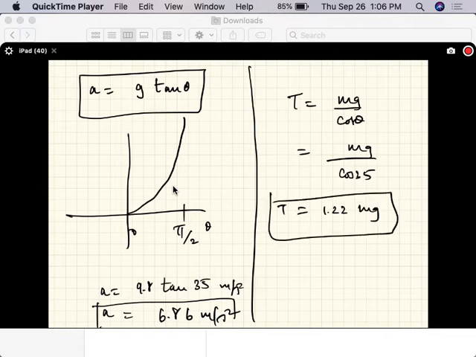Okay, so the tension in the string is 22% greater than the weight of the ball that was hanging from the string. Okay, you guys understand this? Any questions?